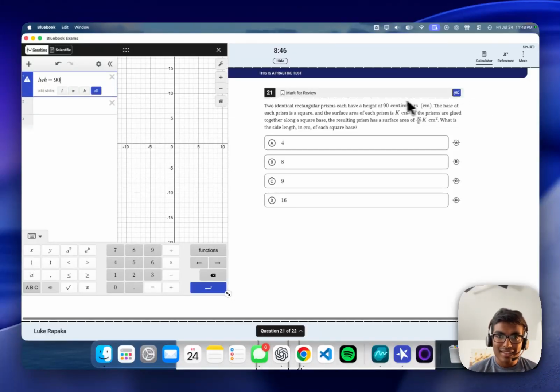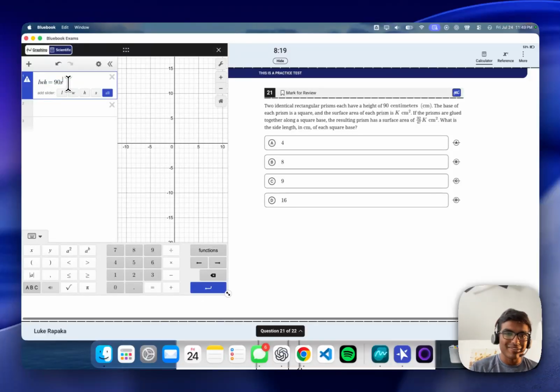And then the base, the base is a square. But they don't tell us that. So it's got to be 90 times s, so s squared, right? Wait, hold up. I just did the volume, my fault.